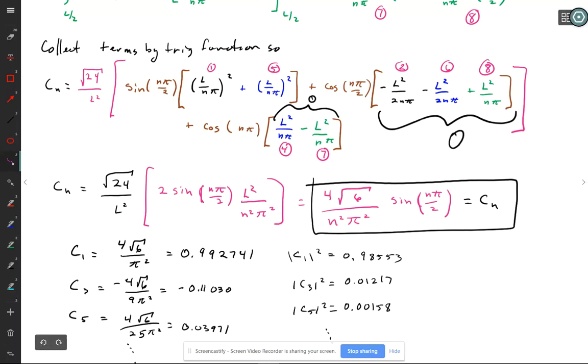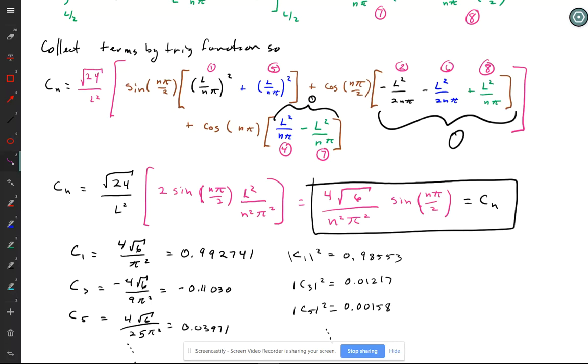If we want to know what the probability of it being in state 1 is going to be, we take C1 mod squared. And so C1 mod squared is going to give us 0.98553. So it's 98.553% in state 1.